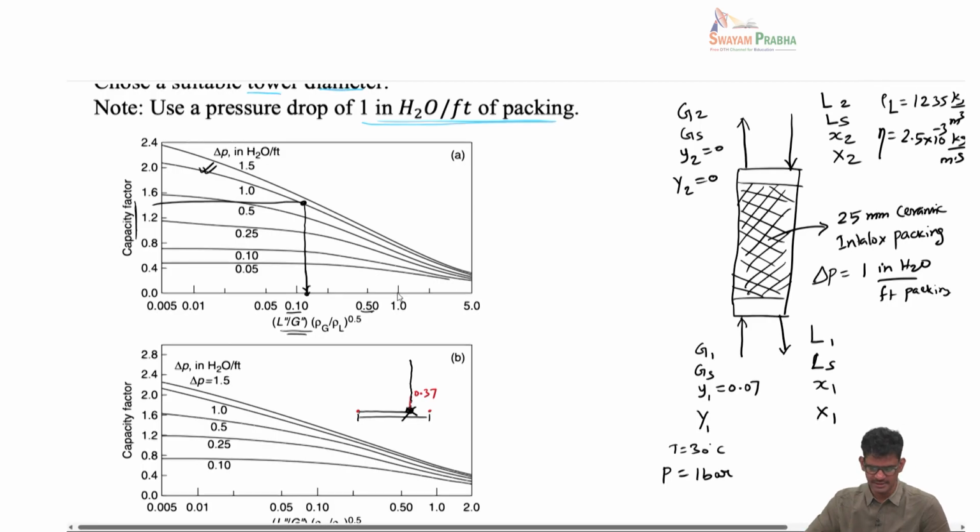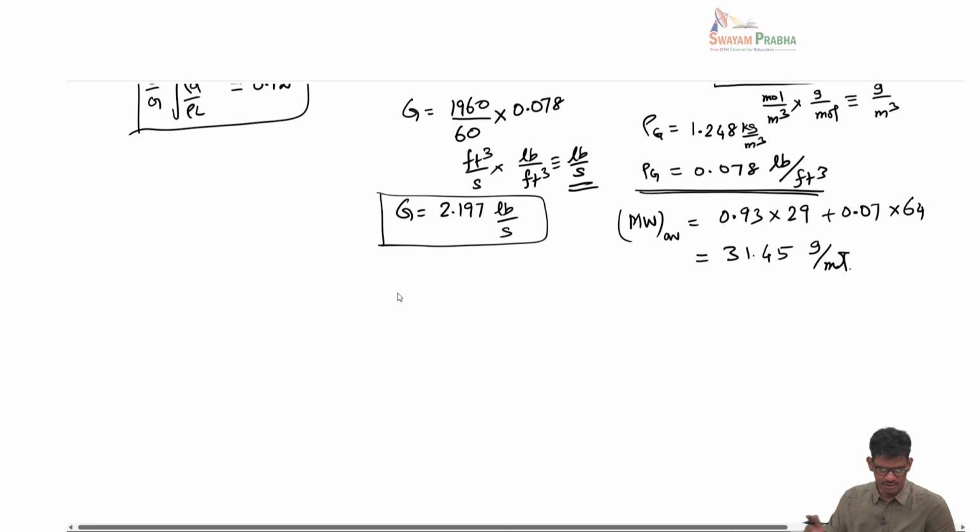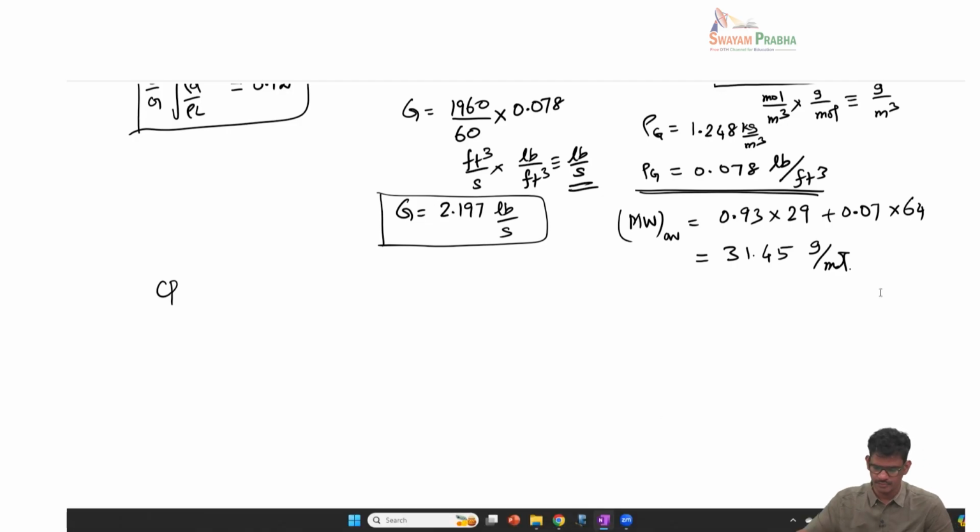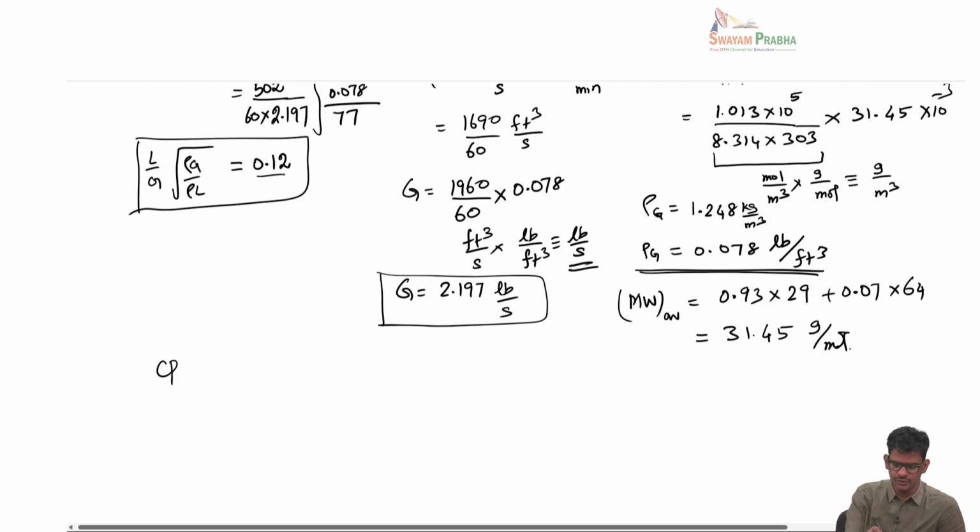Okay, so if you do that, you will see this capacity factor corresponding to the x-axis value of 0.12. You will get something like 1.5, from the curve corresponding to delta P of 1 inch H2O over 1 feet.